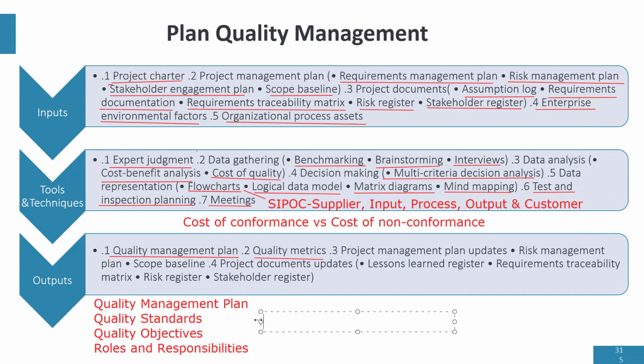Now, another output we see is quality metrics. Now, I want to explain the difference between quality metrics and quality standards. Quality metrics are the things we're going to measure. So take for example, you want to go for a health checkup.